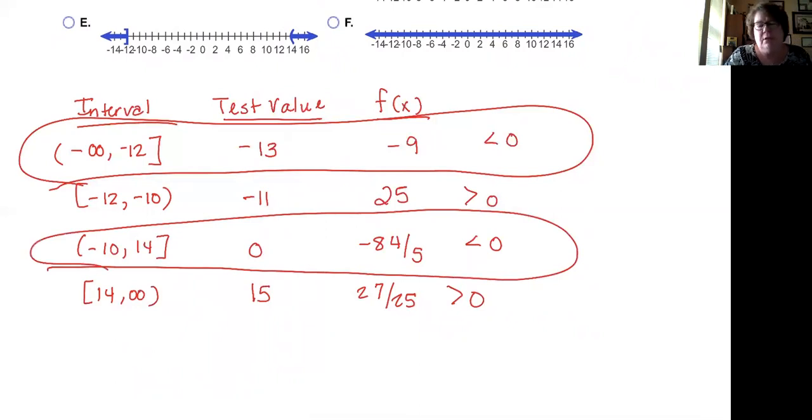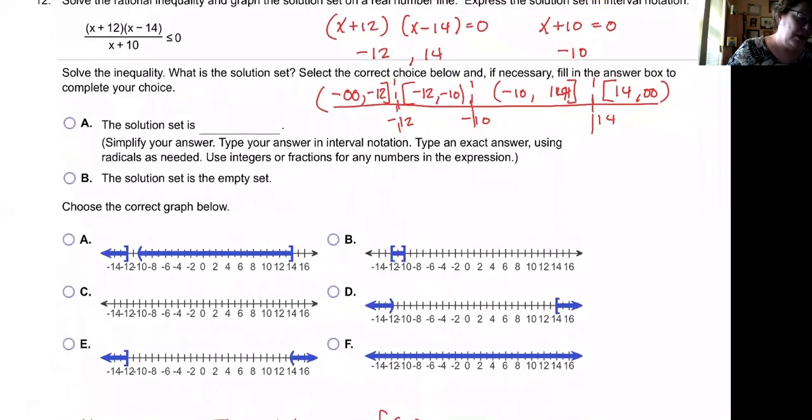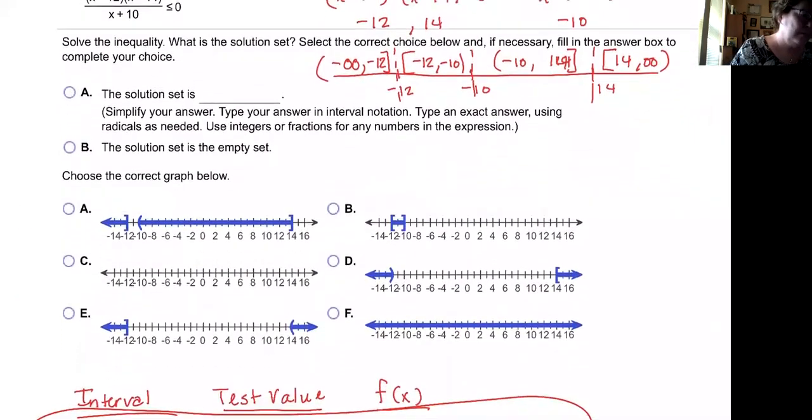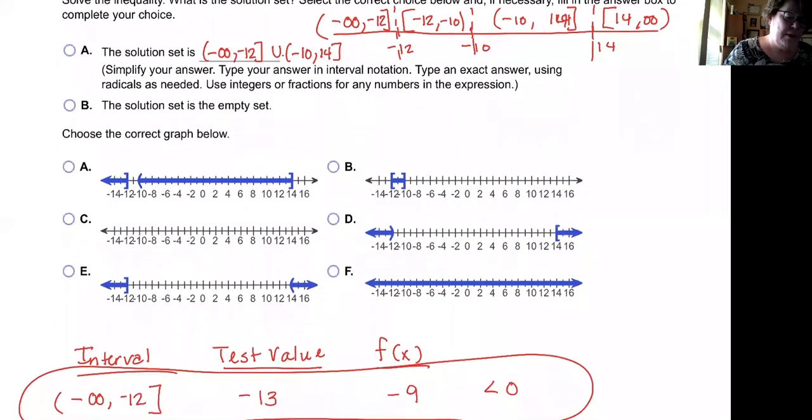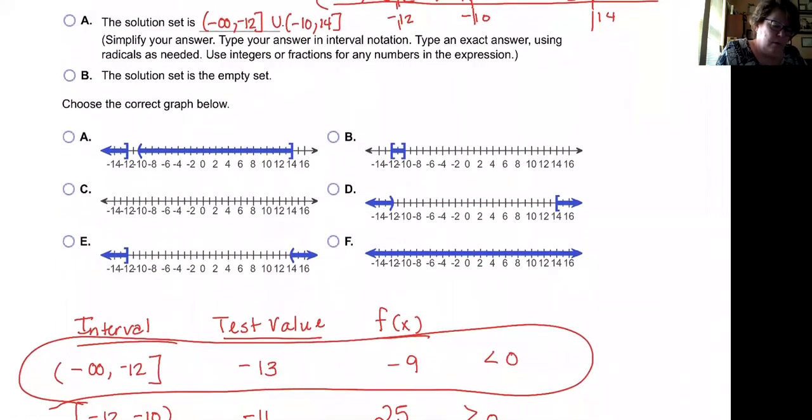So the solution to this rational inequality is the union of those two sets. So it's the union of from negative infinity to negative 12, from negative 10 to 14. All right, so now let's look at the graphs.